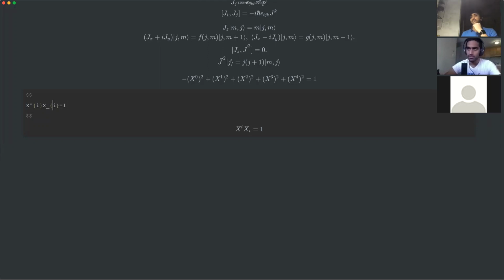Now, let's say that I have Lorentz signature. Then I'm going to have the following equation, and what's the group that will preserve this? Well, that would be the Lorentz group.